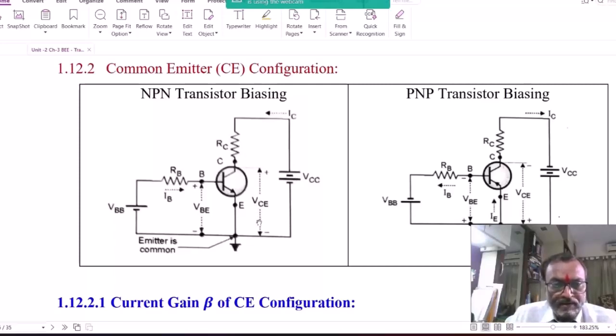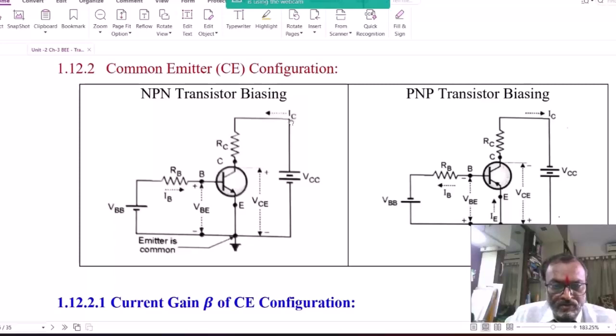Here, IB denotes the base current, that is the input current for the configuration. VBE denotes the base to emitter voltage in the input circuit, whereas IC indicates the collector current in the output circuit and VCE is the output voltage.